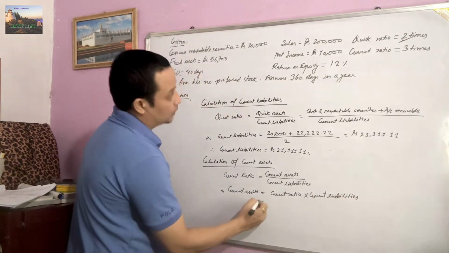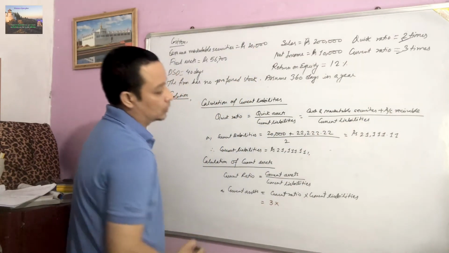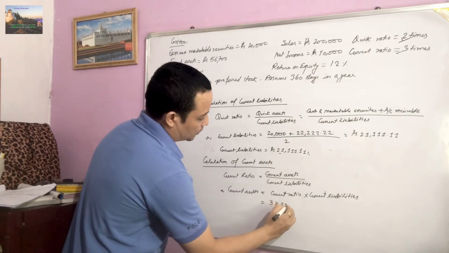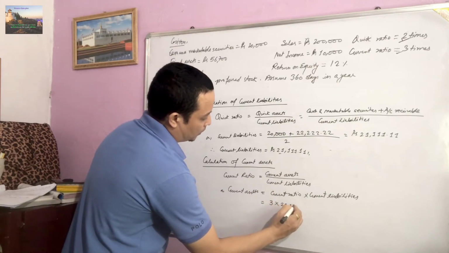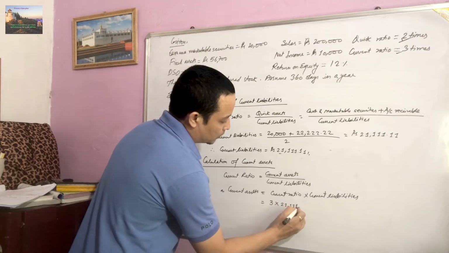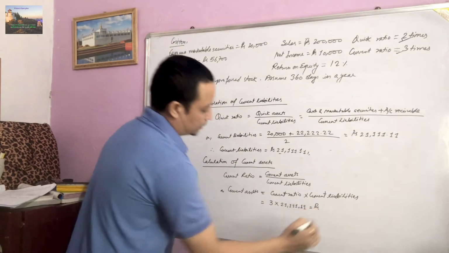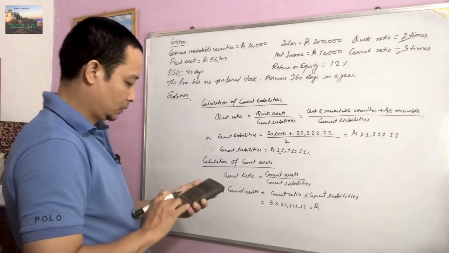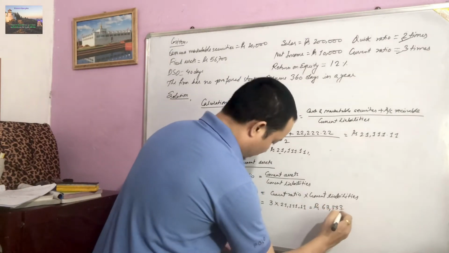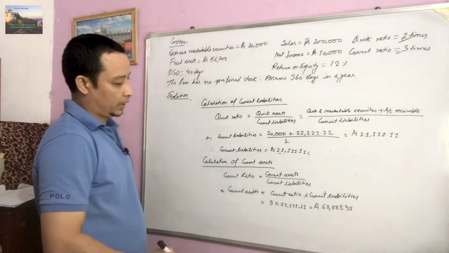Here current ratio is given 3 times, 3 into current liabilities you have found already here, 21,111 paisa. So that will be your rupees 63,333.33. This is your current asset.